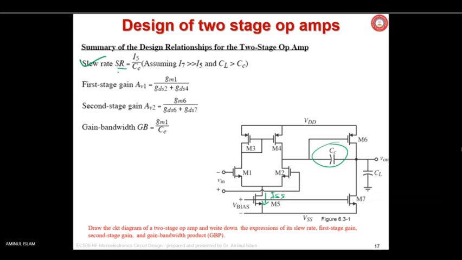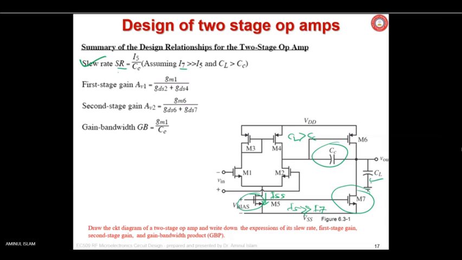So SR should be decided by I5 by CC, assuming I7 is much greater than I5. You have sized these two transistors in such a way that I7 is much greater than I5, and CL is greater than CC.